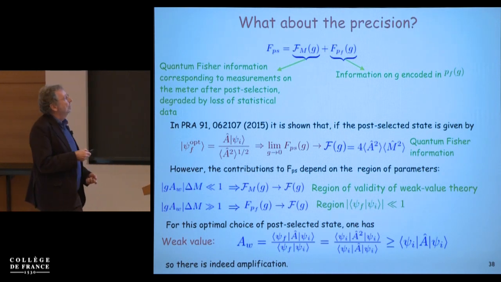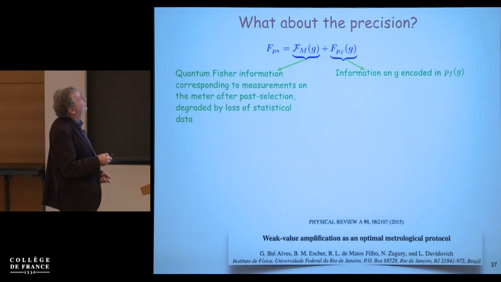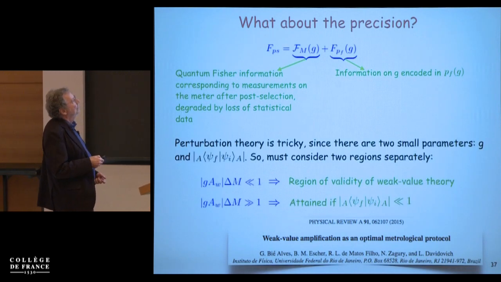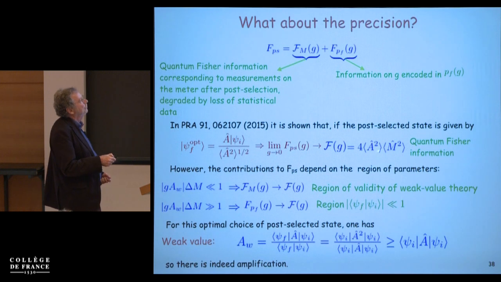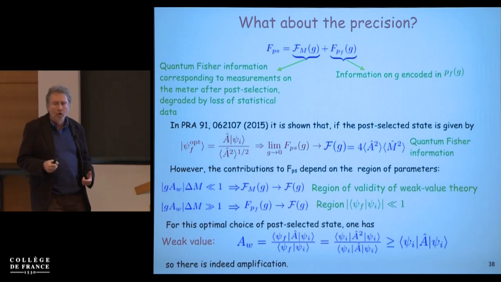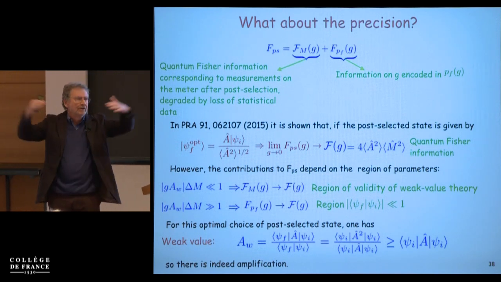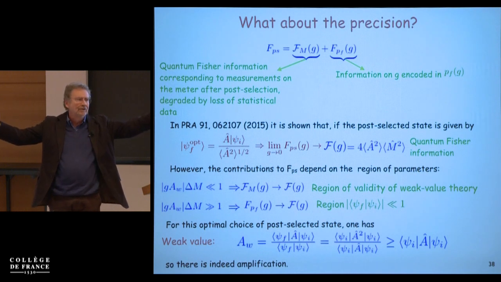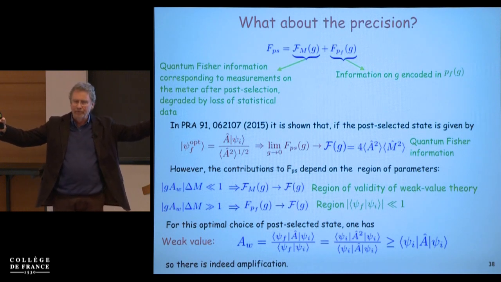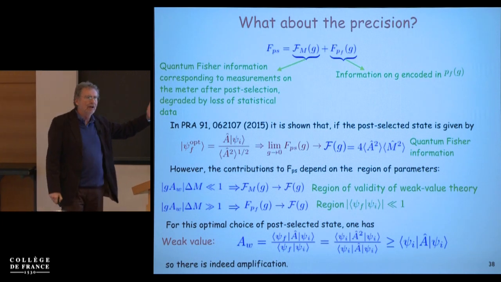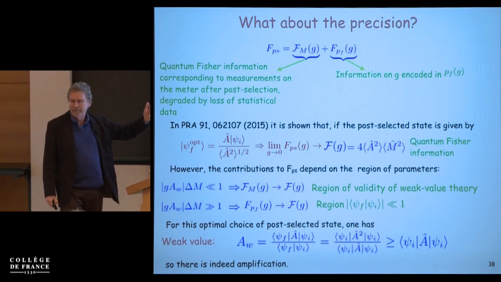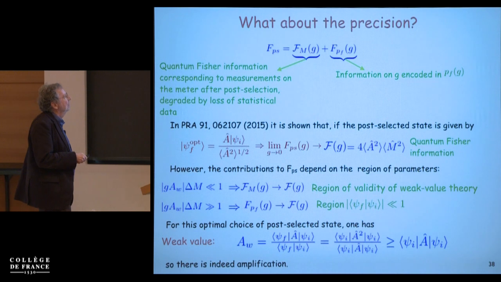Okay? Of course, it goes to that, but from below. Okay, that's important. It goes to that, but from below, because we know that the quantum Fisher information is the top, the best you can do for the best possible measurement. And the weak value post-selection is just a possible measurement. Okay? But it goes to that.